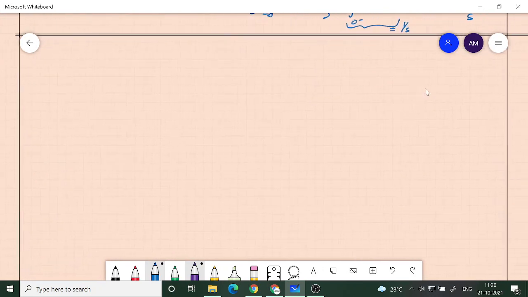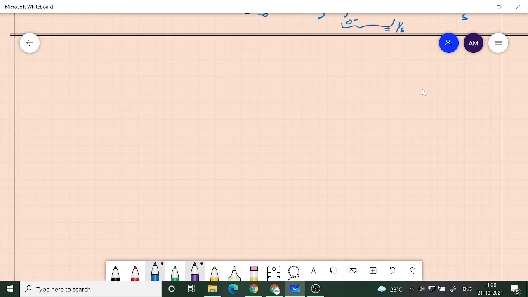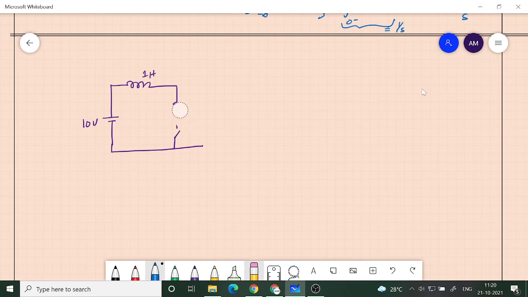So now let me write after the switch is getting opened. I am redrawing the circuit. So 10 volt, 1 Henry, and then there is a resistance, but now this switch is open already. So there is no point in drawing this part, so let me remove that part.